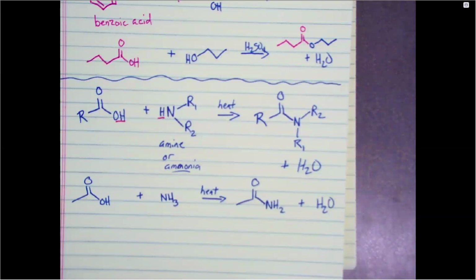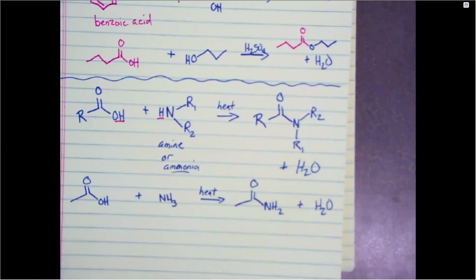You see where the water comes from? That OH group leaves the carboxylic acid. One of the hydrogens leaves the amine as it becomes an amide. And that's where our condensation is occurring.